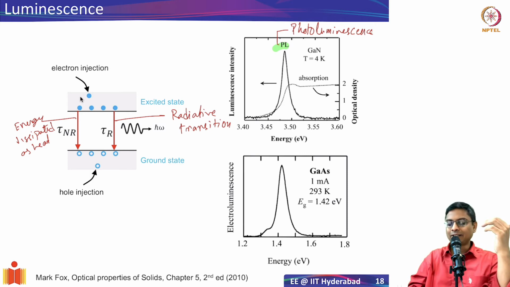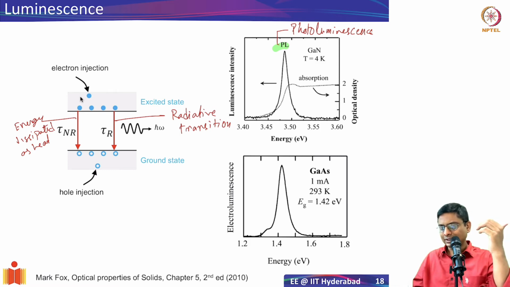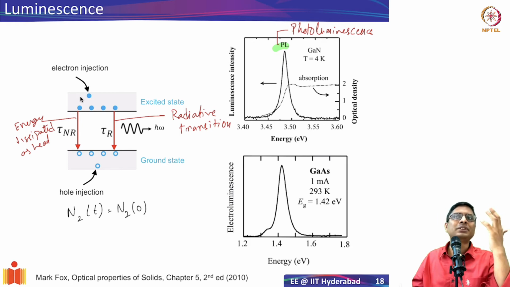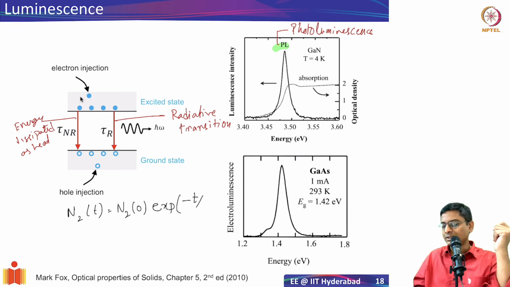So for example, here I could write a term and say that my population N2 of time t is going to depend on some initial state, N2 of 0, at time 0, there is a population N2, and then there is going to be an exponential decay, e to the minus t by tau 21.